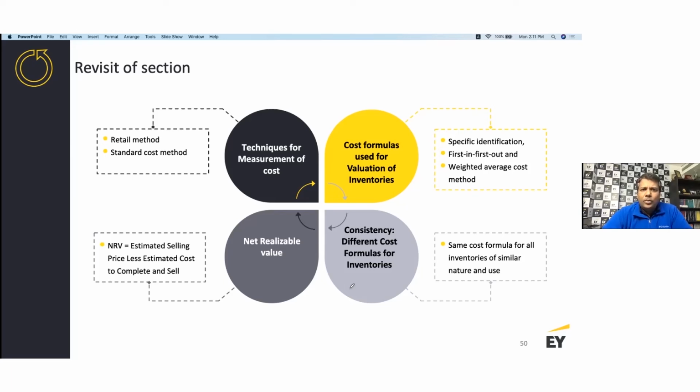Now we're going to talk about a very important concept, and we'll do a detailed case study to understand how you value inventory when you're in the production process. There are multiple products coming out, or a byproduct, which comes out.